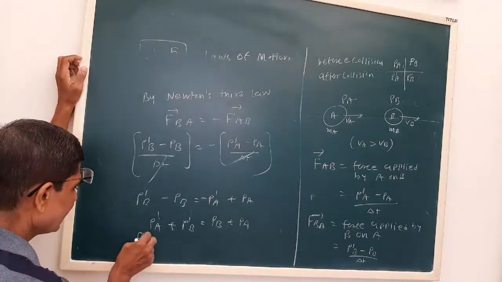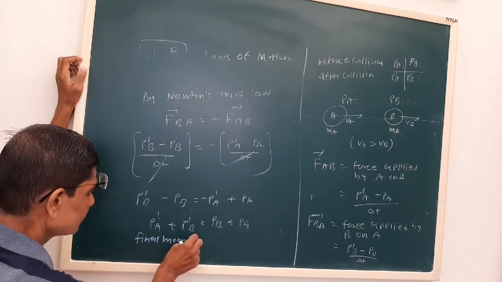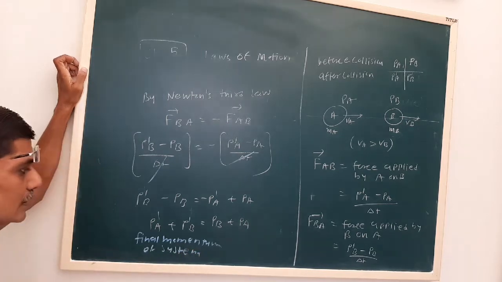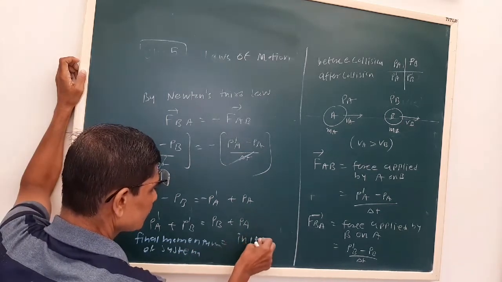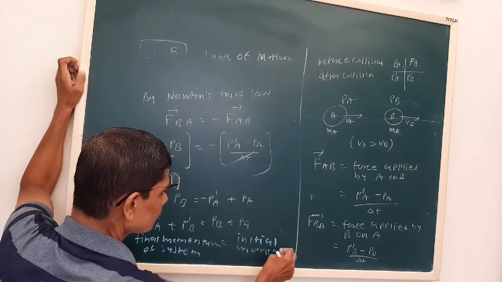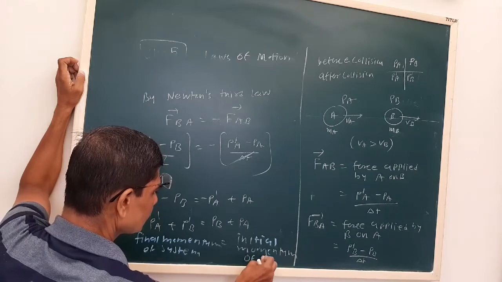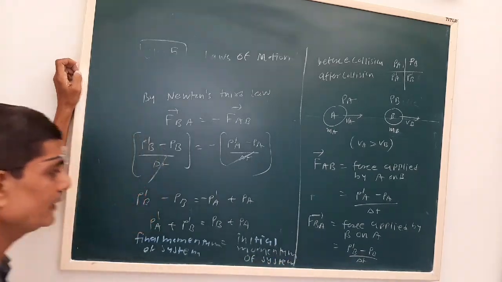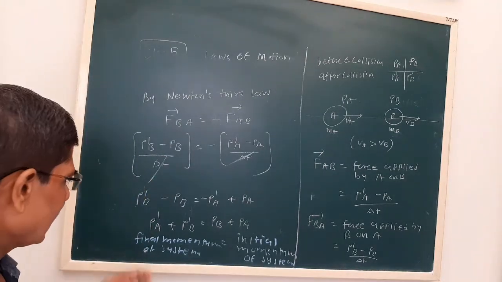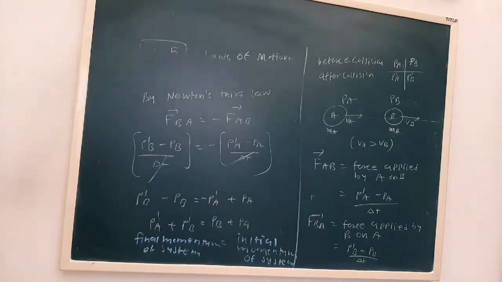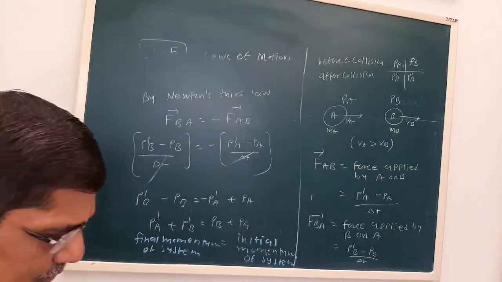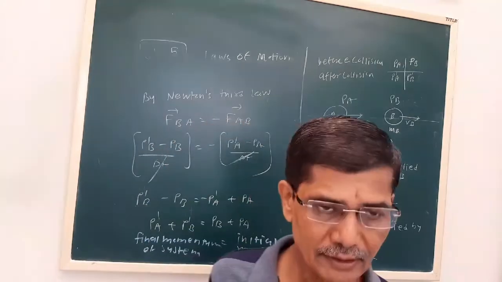So this is how we can say the momentum of the system after interaction, that is the final momentum, is equal to the initial momentum before interaction. So this is how we can prove the law of conservation of linear momentum.